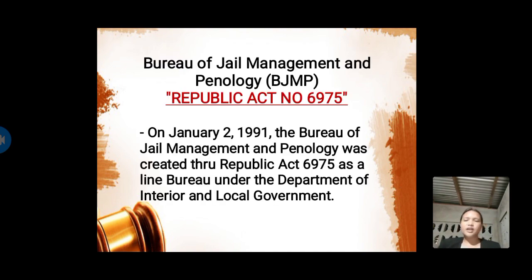So next topic, we have the Bureau of Jail Management and Penology or BJMP in Republic Act number 6975. On January 2, 1991, the Bureau of Jail Management and Penology was created through Republic Act 6975 as a line bureau under the Department of Interior and Local Government.